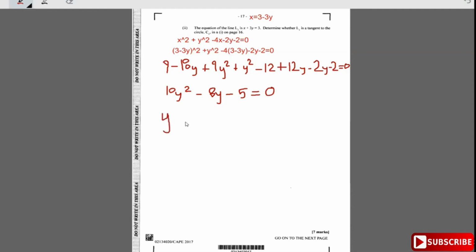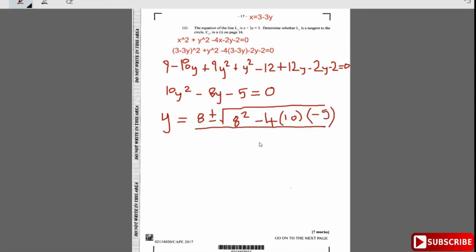So y is equal to minus minus 8, which is 8, plus or minus the square root of b squared, which is 8 squared, minus 4 times a, which is 10, times c, which is minus 5, over 2 times a, over 2 times 10, which is 20.